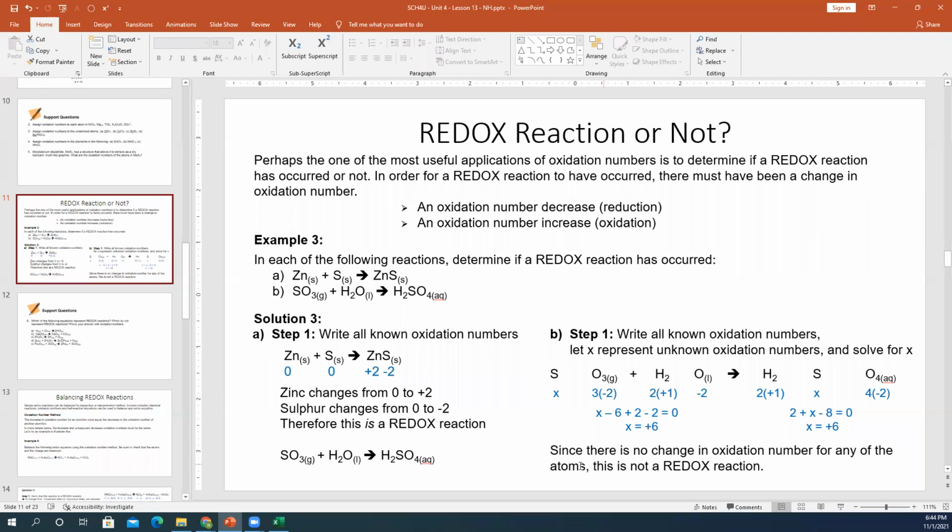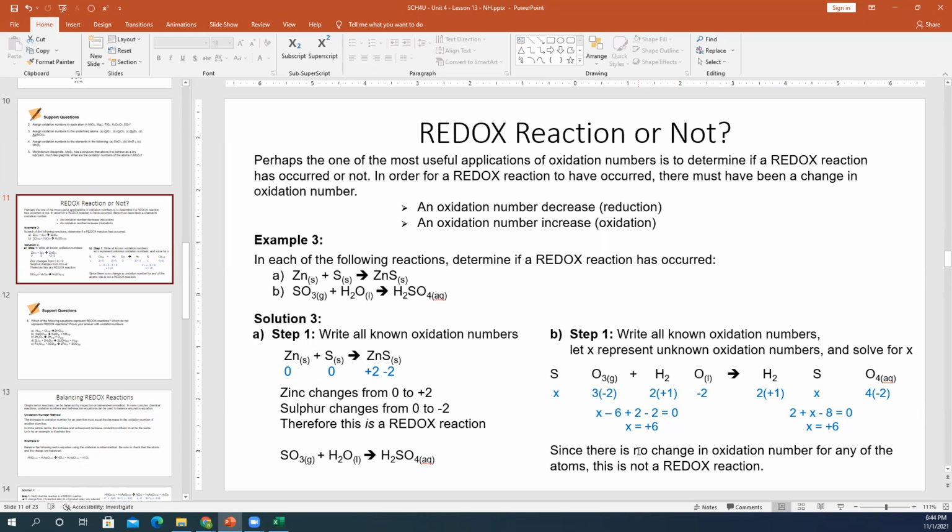And we see that there is no change in oxidation number for any of the atoms in this reaction. Oxygen is -2 before the reaction, and it's still -2 after the reaction. Hydrogen is +1 before the reaction, and it's also +1 after. It's the same number in the reactants as in the products. And even sulfur is +6 in the reactants and +6 in the products.